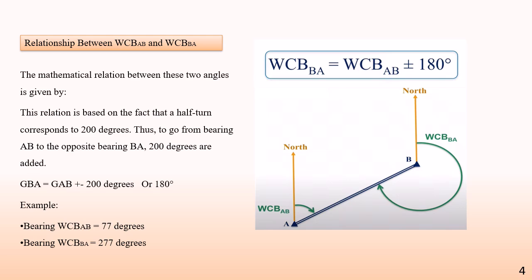You will notice that the value of the whole circle bearing of BA, the back bearing, is the whole circle bearing of AB plus 180 degrees or 200 grads. So this is the relationship between them. In addition, the example given below illustrates it.